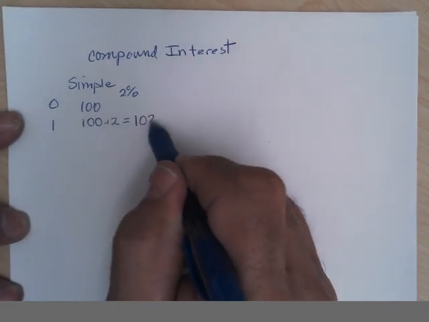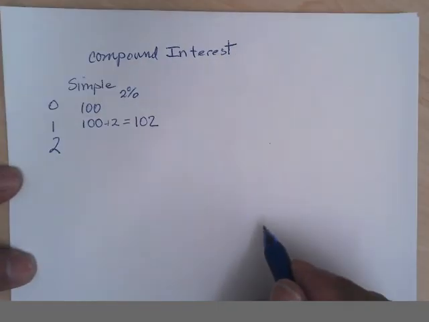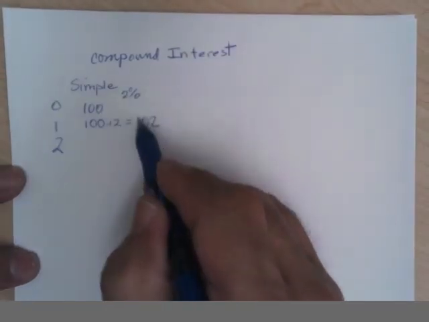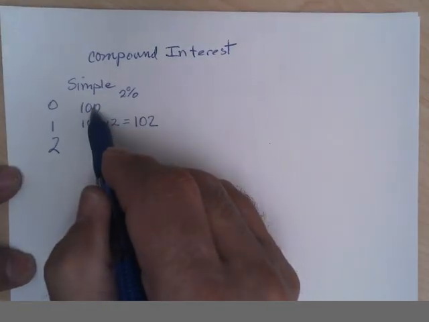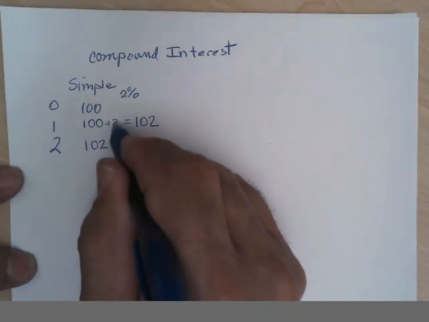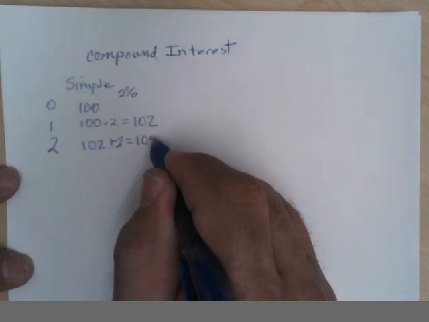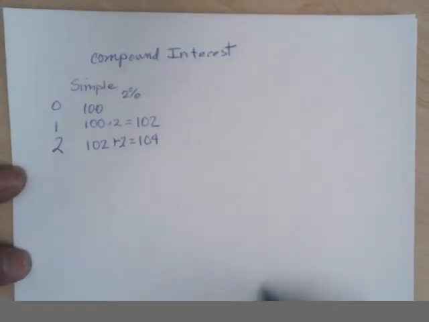I have $102. And after 2 years, I get 2% of my original number, so it's 102 plus $2, which is 2% of the original, and I've got $104 in the bank. Not making a lot of money, but that's simple interest.